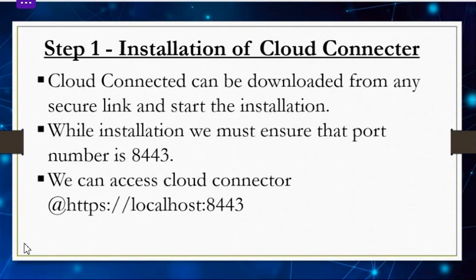Here is the installation of Cloud Connector. How can we install Cloud Connector? Cloud Connector can be downloaded from a secure link, and then we start the installation. During installation we must ensure that the port number is 8443. We can access Cloud Connector at https://localhost:8443.